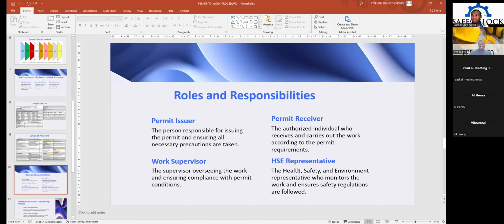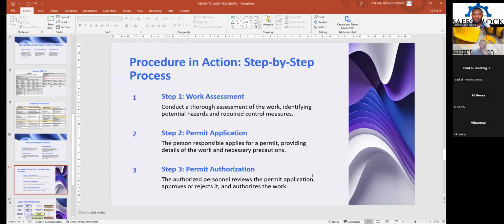So you find out that even the HSE coordinator, permit coordinator is doing a kind of dual function. But in a modernized and more advanced way, it's supposed to be a different role and responsibility. But in some cases, you see they merge it together. I will shed more light on that when I go to one other slide like that.